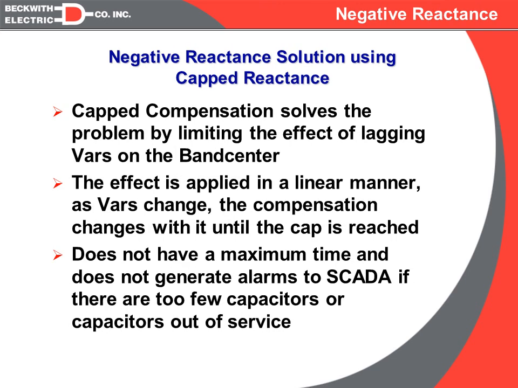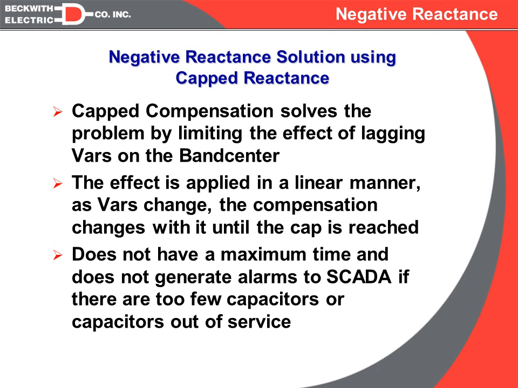So, with the negative capped compensation, we are shifting the entire band. The band center and both the upper and the lower band shift. They shift in a linear approach. So as the VARs are changing, the compensation is changing, and therefore the upper and the lower bands are changing.